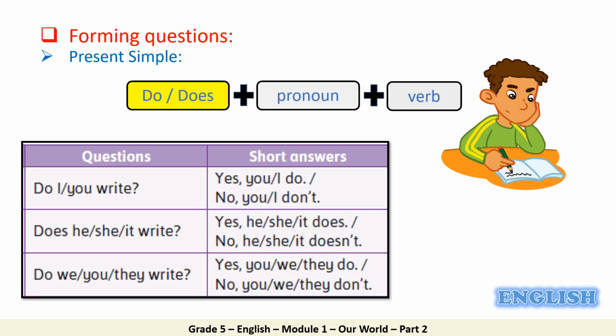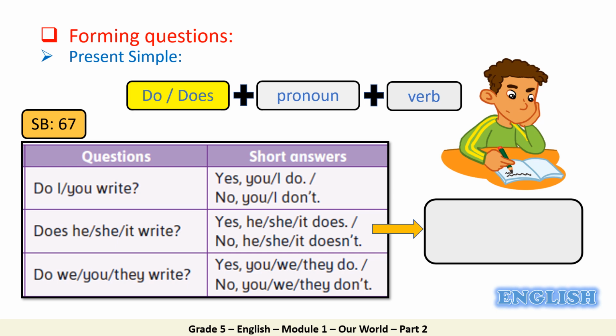Take a look at this table, which you can find in your student book, page 67. Don't forget, we use do with I, you, we, they, and we use does with he, she, it. For example, does he study? Yes, he does.